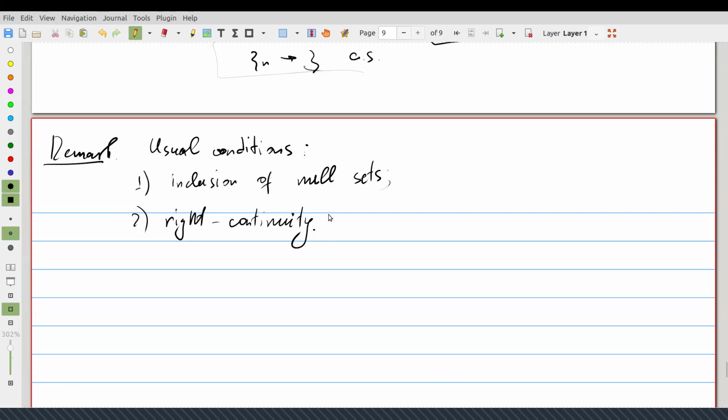And right continuity is useful for a number of reasons. First of all, hitting times are well behaved. Secondly, it's easier to work with martingales with respect to this filtration, but I'm not going to go into details. And effectively, every natural filtration augmented with null sets of a good strong Markov process, in particular Brownian motion, is already right continuous. So effectively, we don't lose anything by imposing such conditions, at least for strong Markov Feller processes.